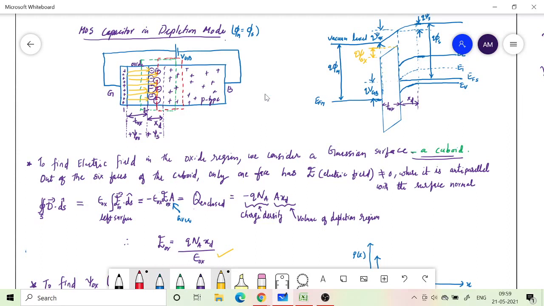So this is the new Gaussian surface, Gaussian surface 2. Earlier we took another one which was this, so that was Gaussian surface 1.